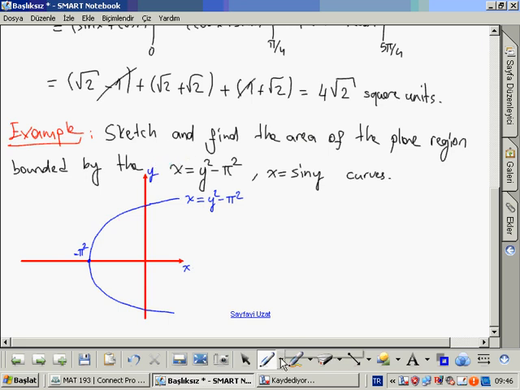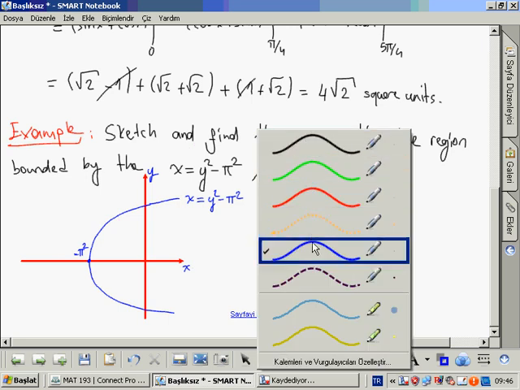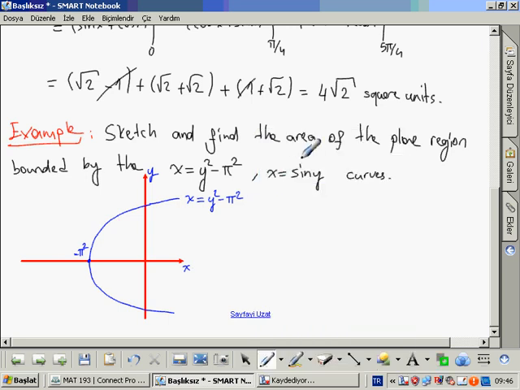And after that x equals sine y, that will be like this. This point is pi, and of course this point is minus pi, and x equals sine y function.